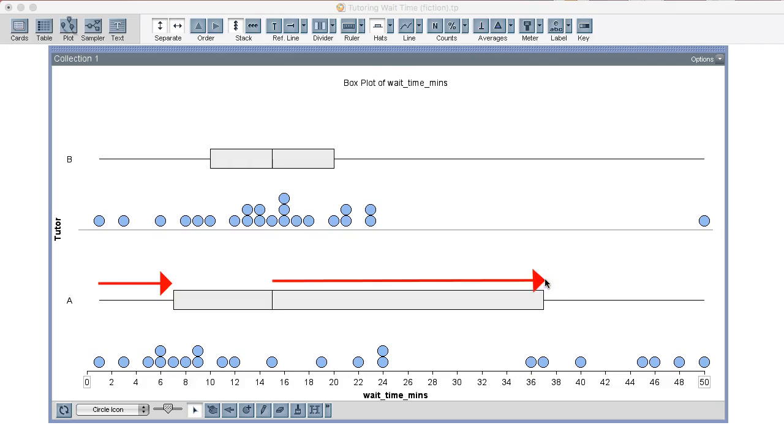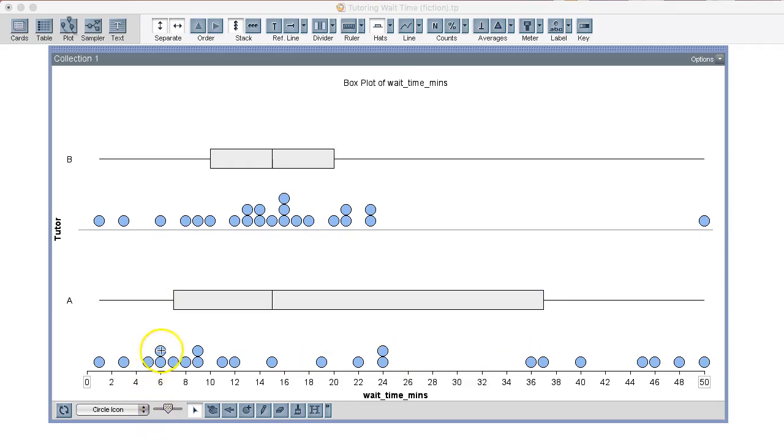But all of the quartiles contain the same amount of data. In this case, there are 5 data points in each quartile. Here's the data in quartile 1, and here is the data in quartile 3. Each quartile contains 5 data points.